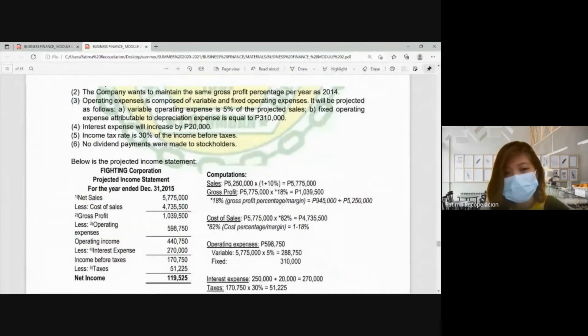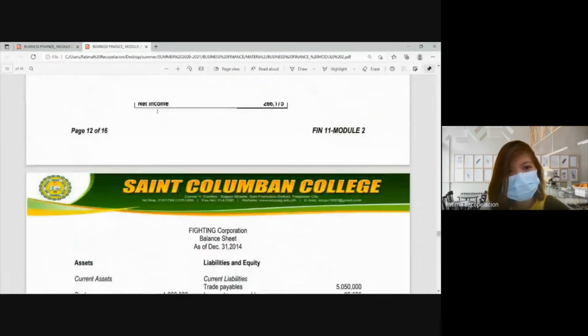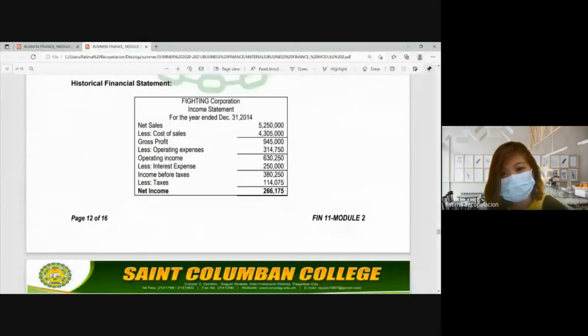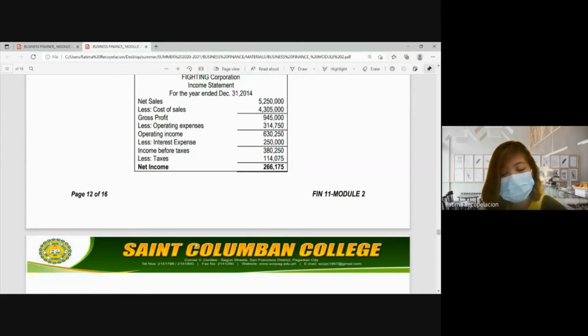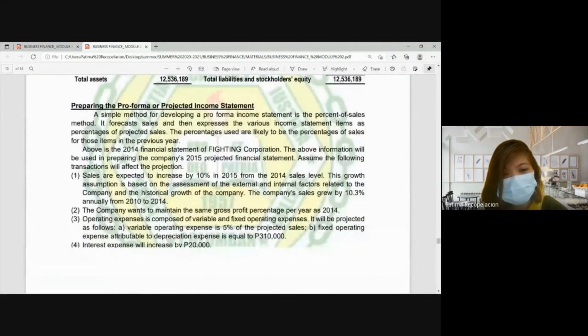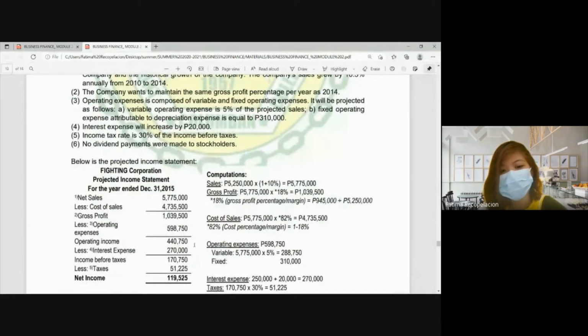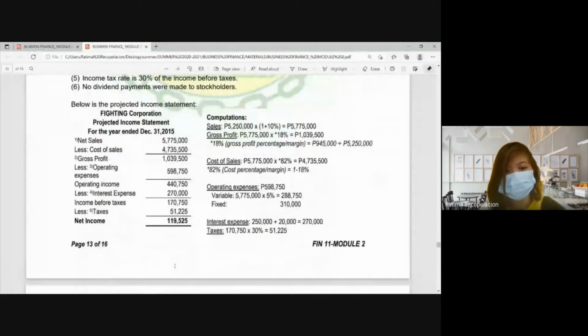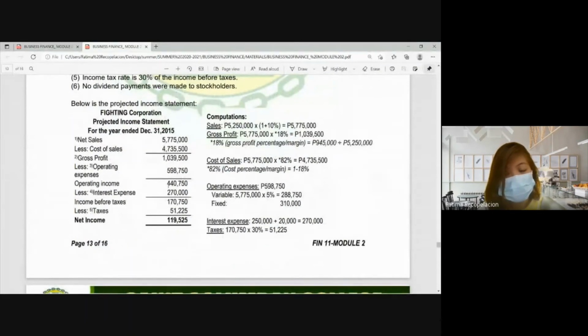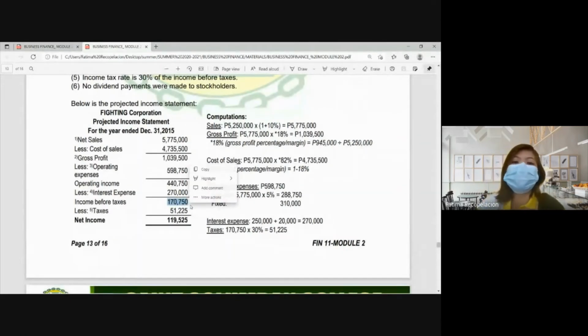Next assumption, interest expense will increase by 20,000. So we go back to historical data. Interest expense is 250,000 plus the increase of 20,000 as mentioned by the assumption. So it becomes 270,000. So we'll continue. Operating income minus interest expense, that is income before taxes. So total amount, 170,750.